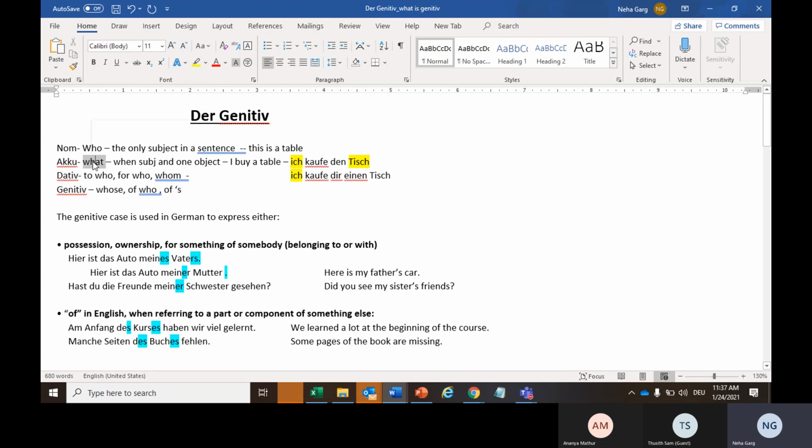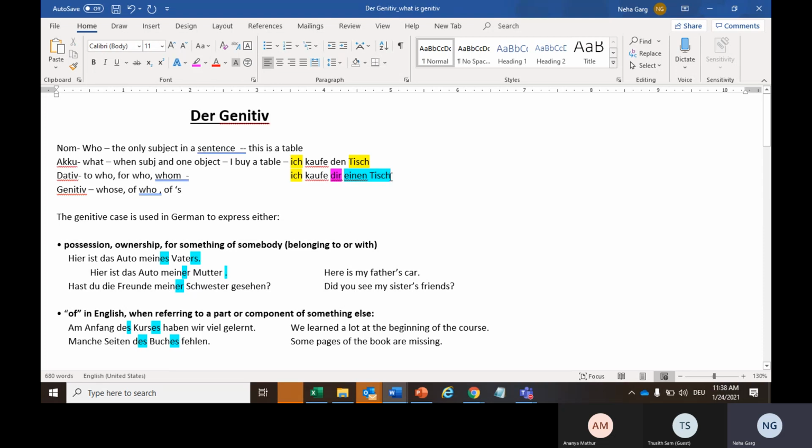Then what am I buying? A table, also einen Tisch, so Tisch becomes accusative. And for whom am I buying a table? For you, so you will be the dative case here. Also dir, not du. I will be using dir here because du changes to dir in the dative case.